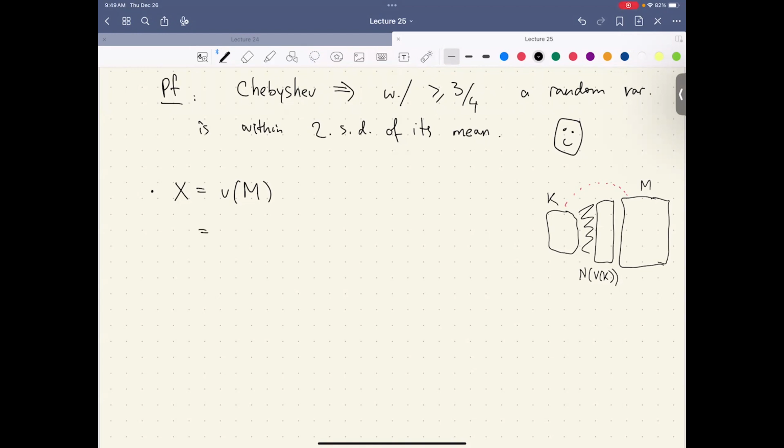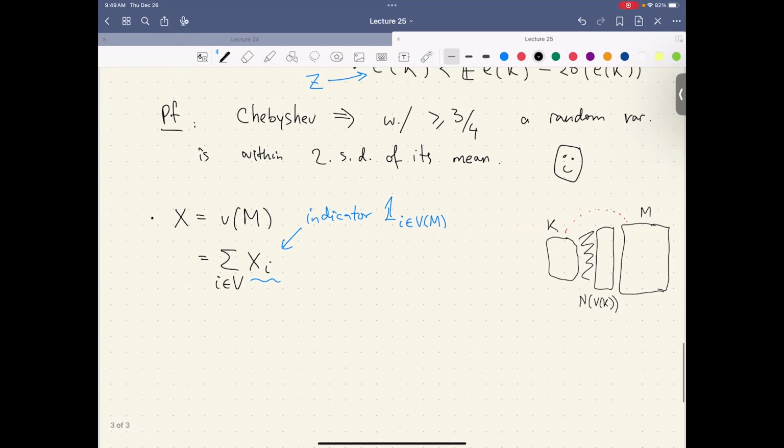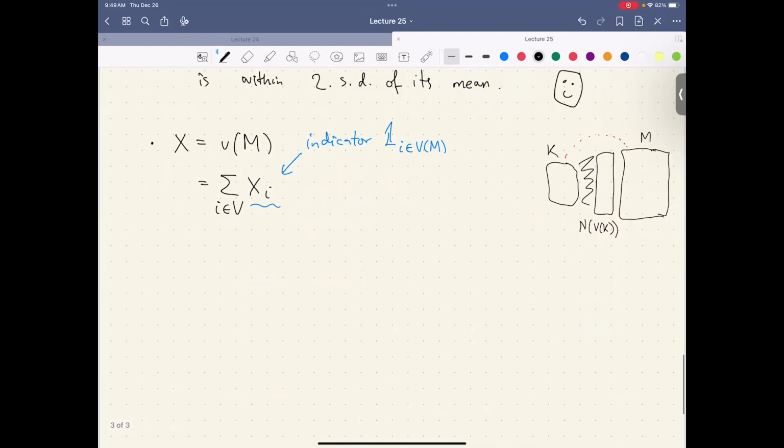X is the sum of xi, where i is a vertex, and xi is the indicator function of whether the vertex i lies in the vertex set of M or not. Now we want to compute the first moment, the expectation of the order, by linearity of expectation.